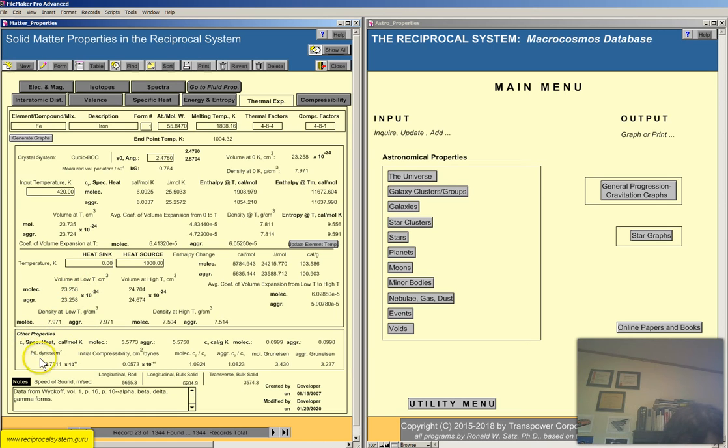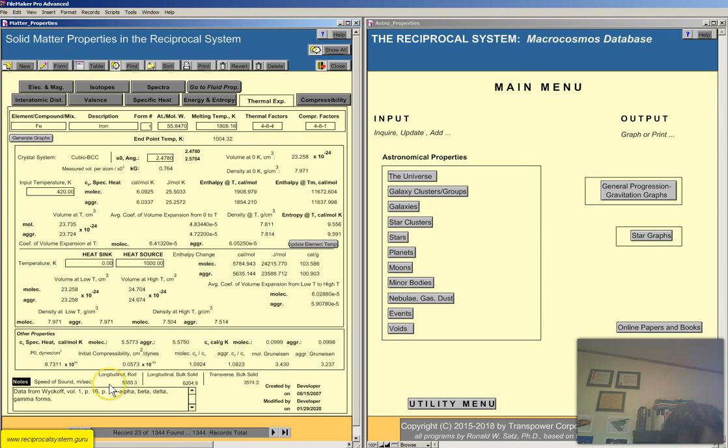Here's the C sub V calculation. Here's the internal pressure calculation in dynes per centimeter squared. Initial compressibility is important. The ratio of C sub P to C sub V, aggregate, a little different. The Gruneisen constant, molecular and aggregate.